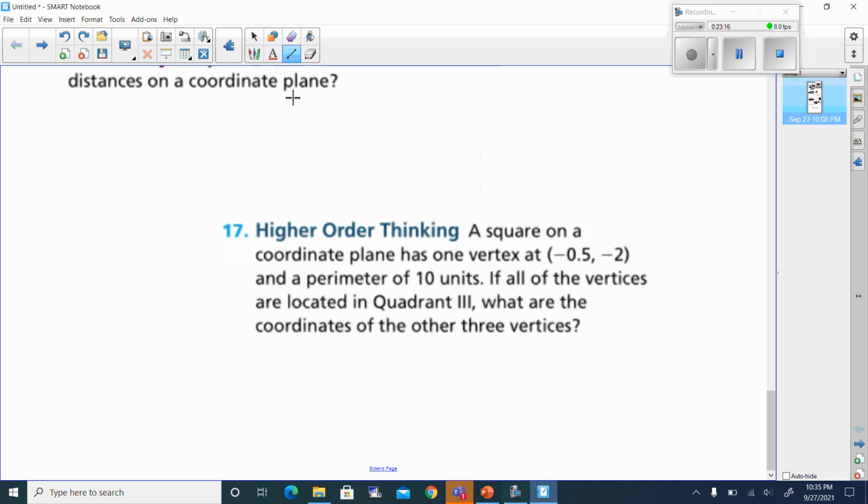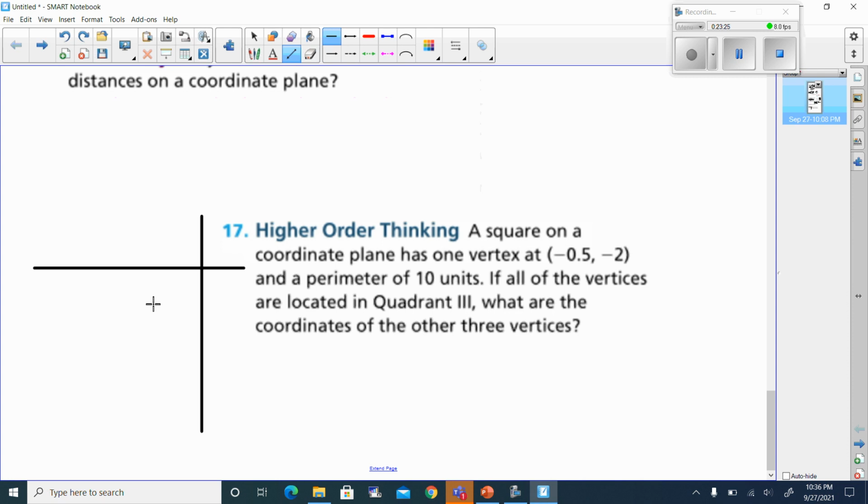As we remember, the 3rd quadrant is going to be over here, in this area here. This would be quadrant 1, 2, 3, and then 4. So we're in the 3rd quadrant right here. Now it says that one vertex is at -0.5 and -2.